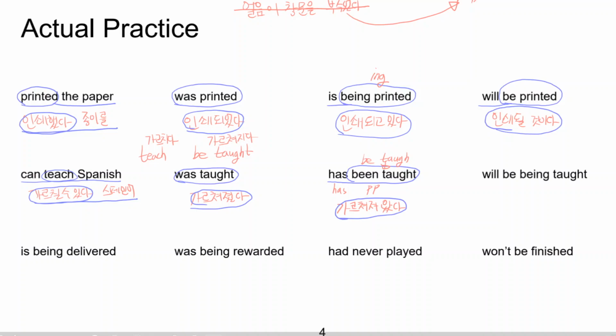Okay, let's move on. We have will be being taught. How do you make a line here? What do you think? Like this, or like this, or like this? Yes, this is correct, because in English the meaning verb is always at the end, right?